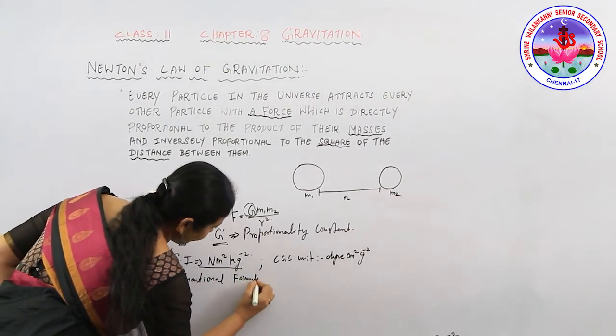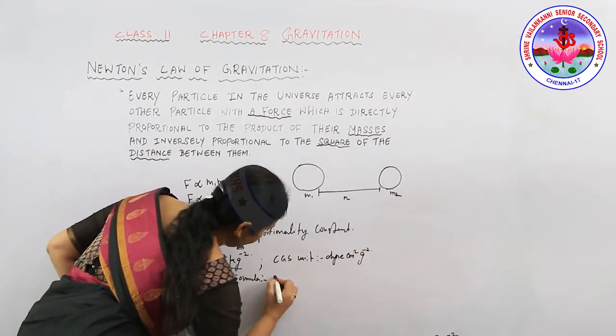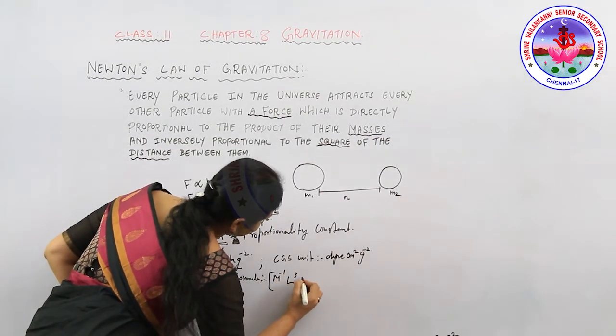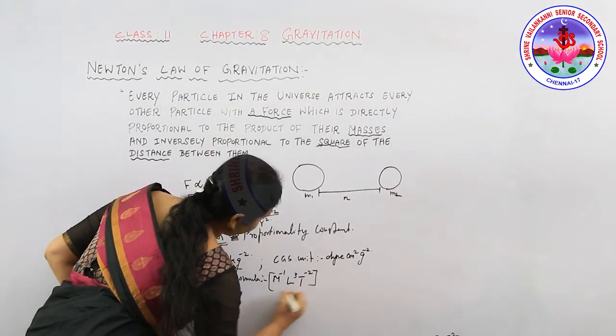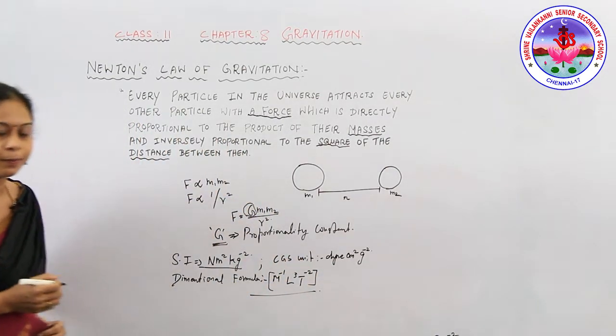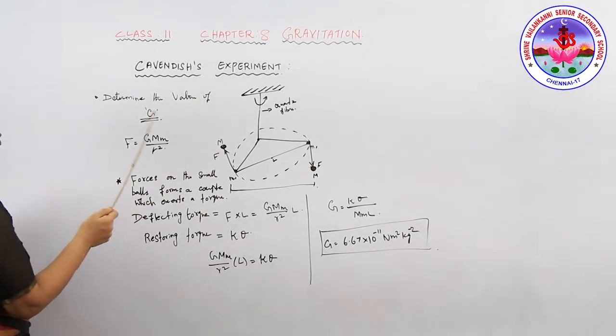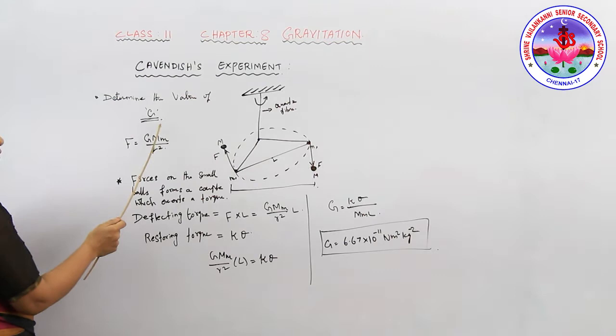The dimensional formula is M power minus 1, L power 3, T power minus 2. Right? Cavendish experiment. This experiment helps you determine the value of G.